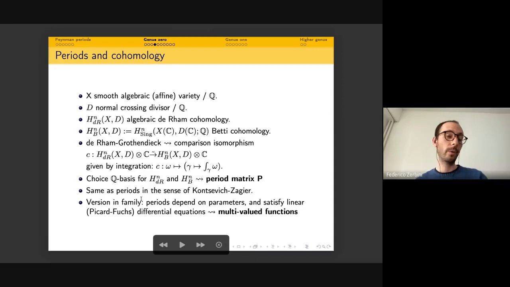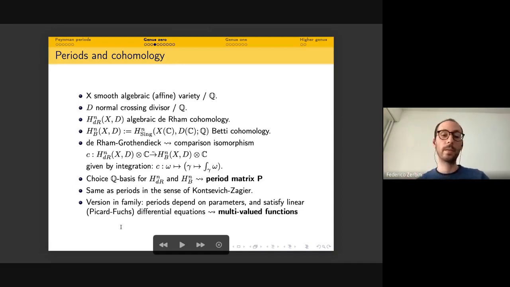And importantly for us, there is a version in family of all this. So if your periods depend on parameters, so if your variety in general depends on parameters or your forms, it's a well-known fact that they satisfy differential equations with respect to these parameters called Picard-Fuchs equations.